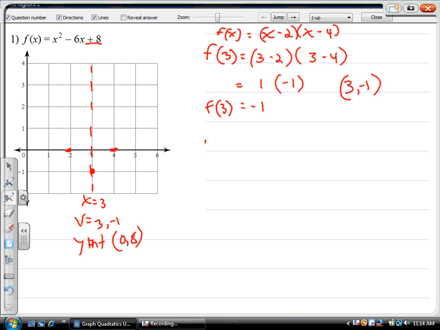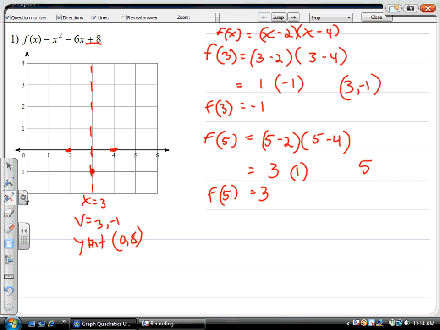So f of 5 is going to be (5 minus 2) times (5 minus 4). That's going to be 3 times 1, which is going to be 3. f of 5 is equal to 3. So we found another point. Okay, (5, 3) would be right here.